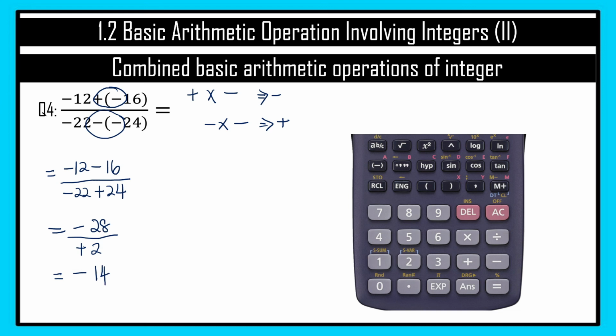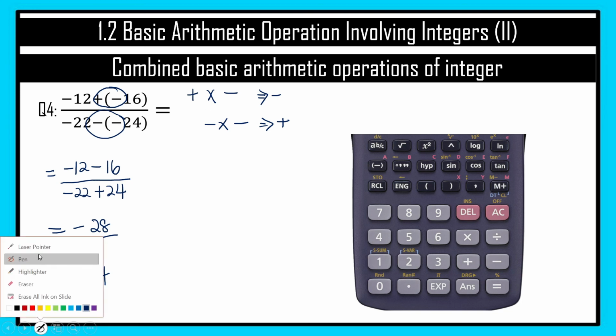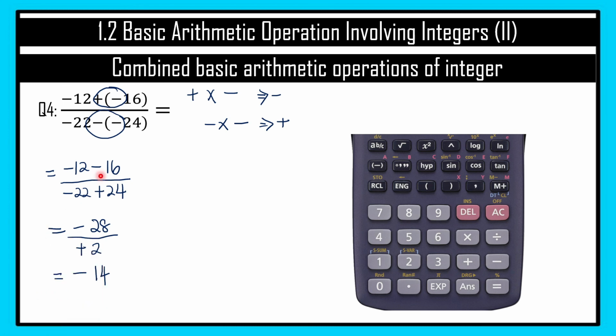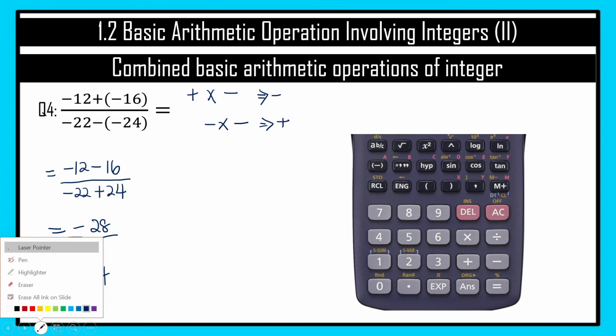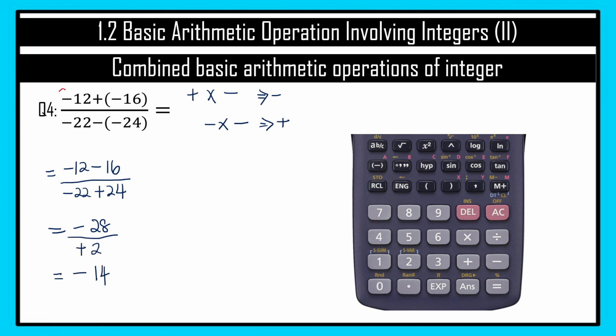So for this one, how do we check our answer using calculator? Okay. So here you see that there is a divide. So before we can straight away put it in your calculator, let's draw two big brackets. 1, 2.